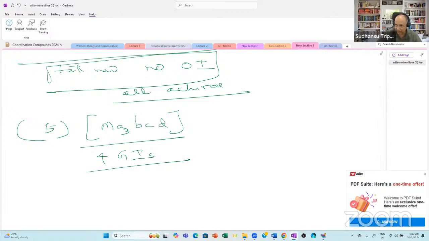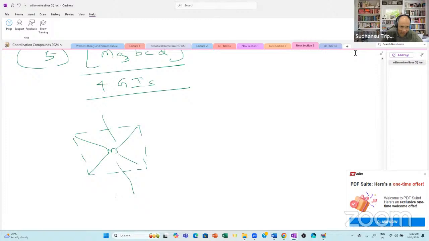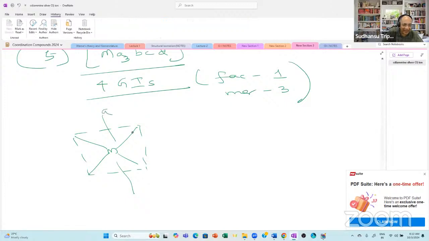We are left with A3BCD, and I understand this will be really difficult, but now how to draw. There will be one fac, 3 mers. So fac is very simple: A, and then B, C, D. This is one fac.